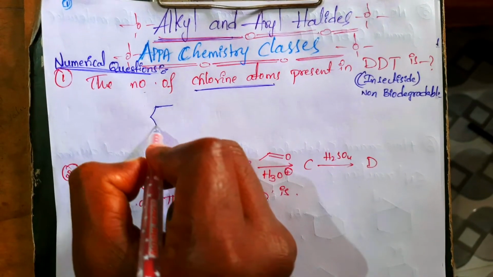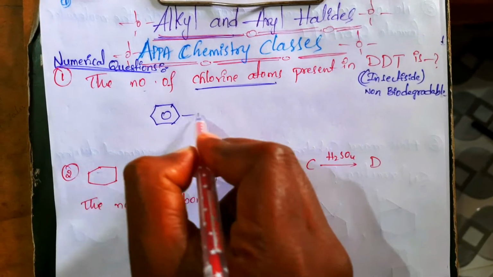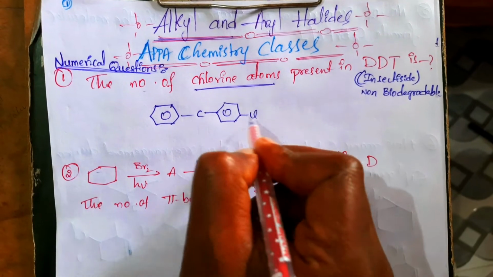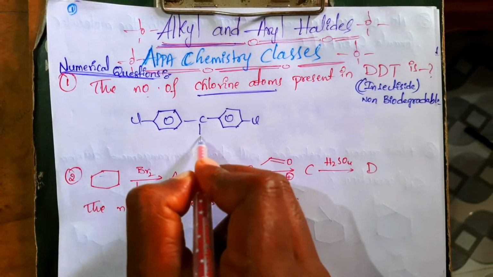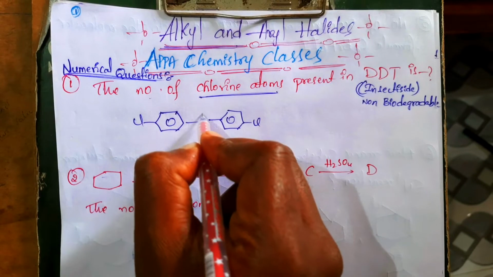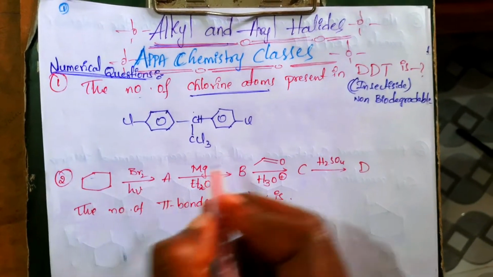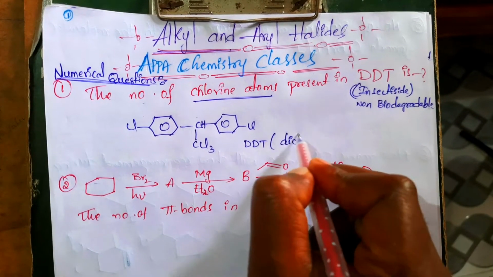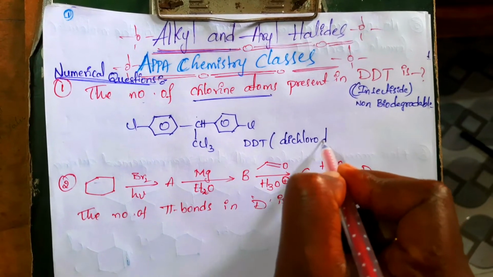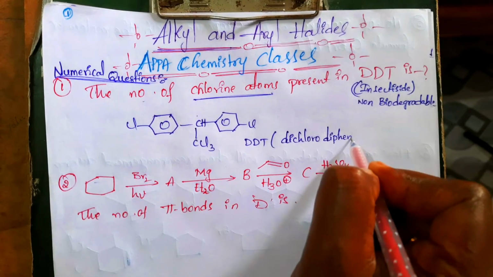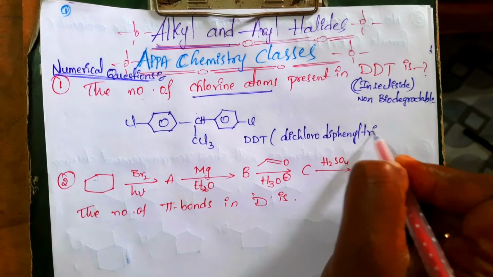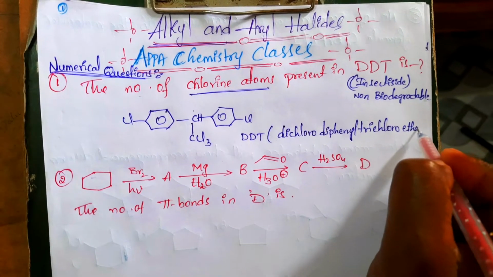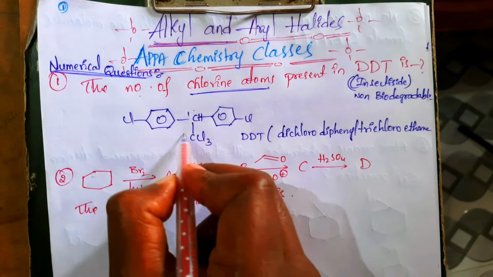Now the DDT structure is here. It has two dichloro, diphenyl, trichloroethane. DDT is defined as dichlorodiphenyltrichloroethane. Here this is 1, this is 2.